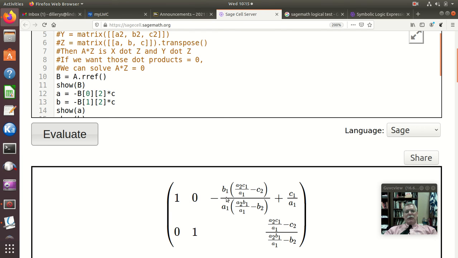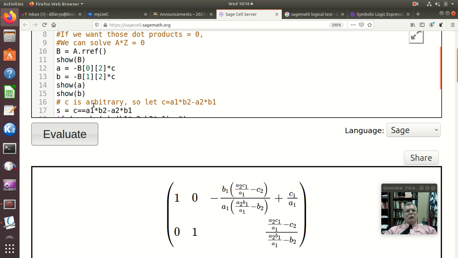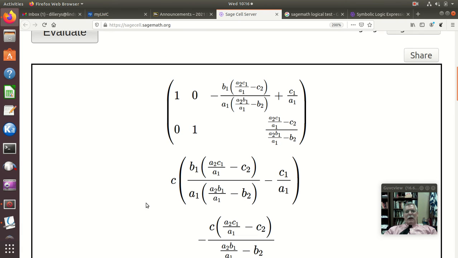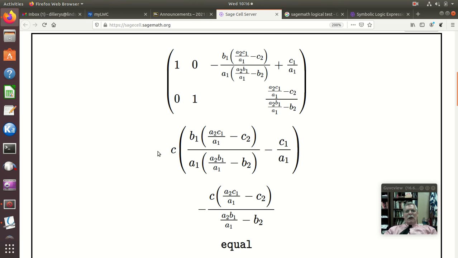Remember, indexes start at 0, so this is row 0 column 2, and so I take row 0 column 2 of B. I take the negative of it, multiply it by my arbitrary C, and that is the value of A. And then do the same thing with B, but that's row 1, column 2, and multiply by C. And then I show those two, and so there I'm saying C is arbitrary. Okay, so I show those two, and it's okay if we see equal there.